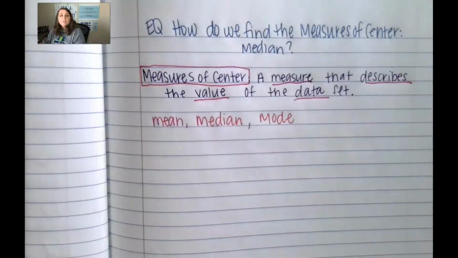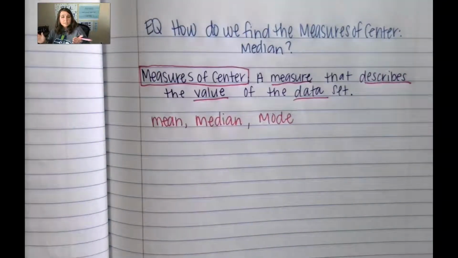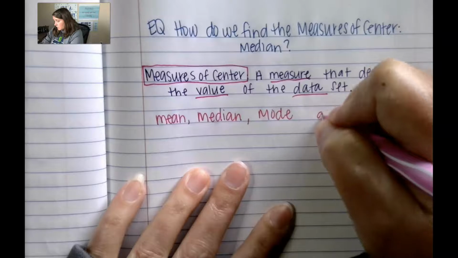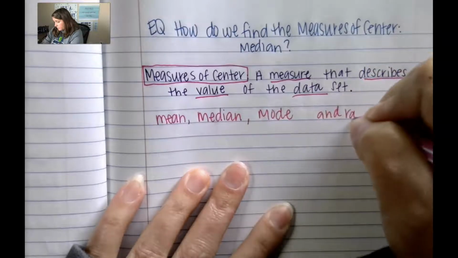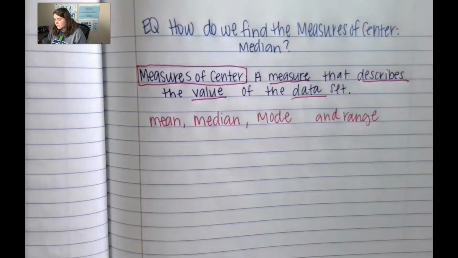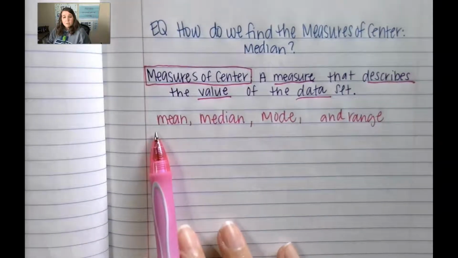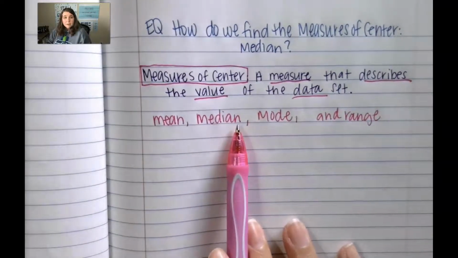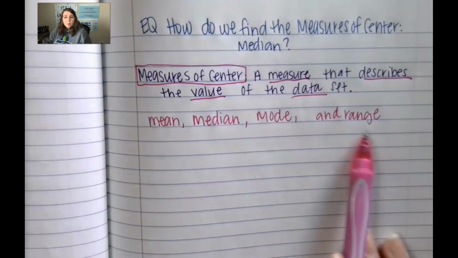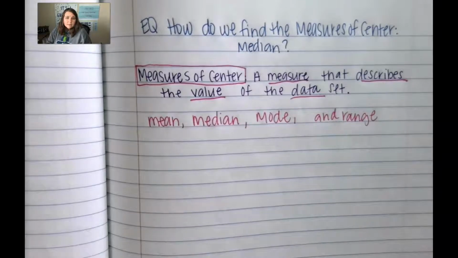The range also falls from least to greatest, looking at the range of the data. That one also can be in here. All right, so different ways to describe data can be the mean or the average, the median, which we're going to learn about today, or the mode, or we can just look at the range of data.